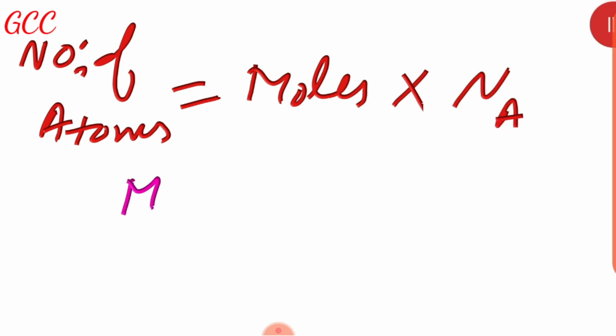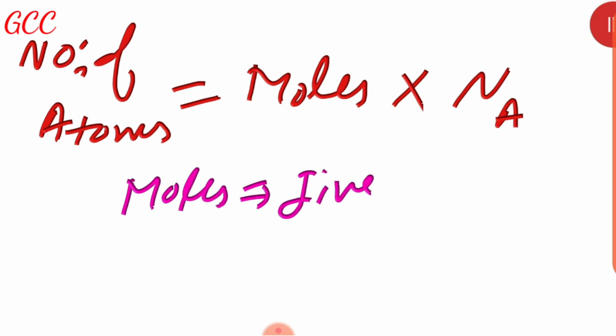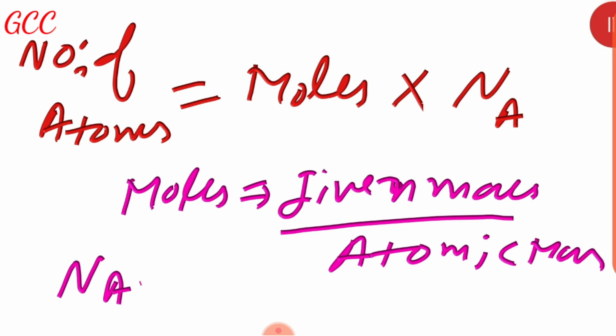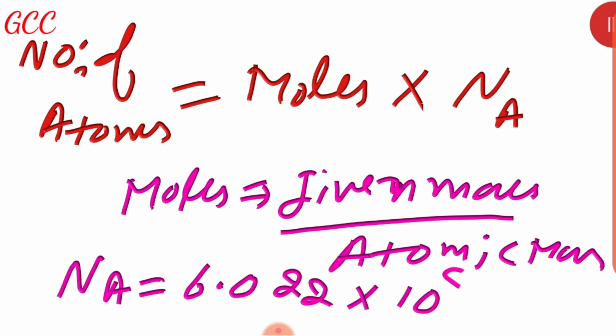Here moles will be equal to given mass upon atomic mass, and Avogadro's number will be equal to 6.022 × 10 raised to power 23 particles. Yes or no? Is that clear? So these are the formulas that we have to remember.